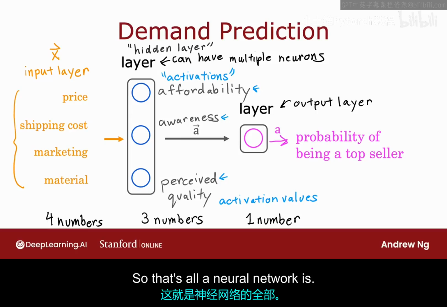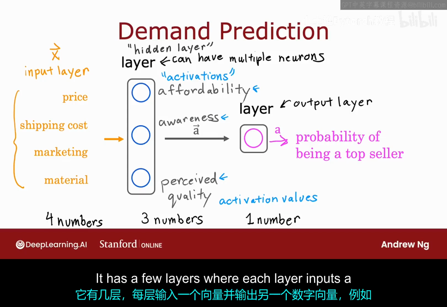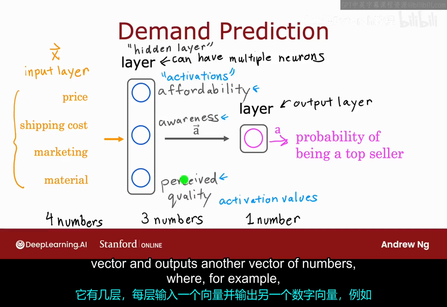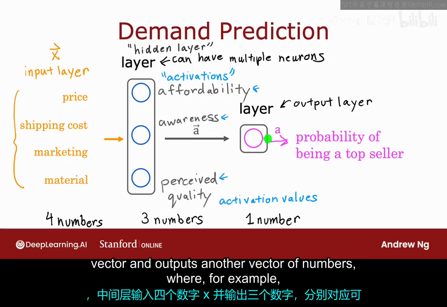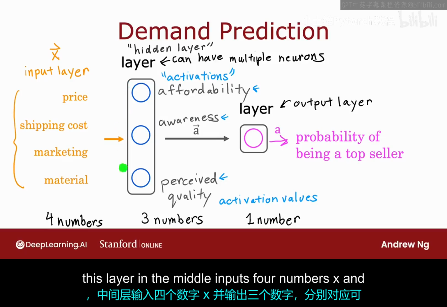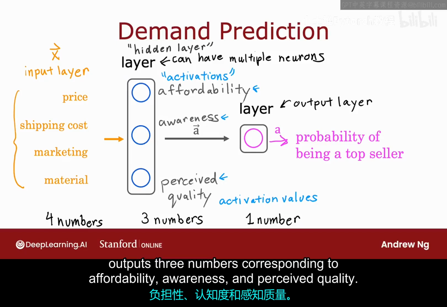So that's all a neural network is. It has a few layers where each layer inputs a vector and outputs another vector of numbers, where, for example, this layer in the middle inputs 4 numbers, X, and outputs 3 numbers corresponding to affordability, awareness, and perceived quality.